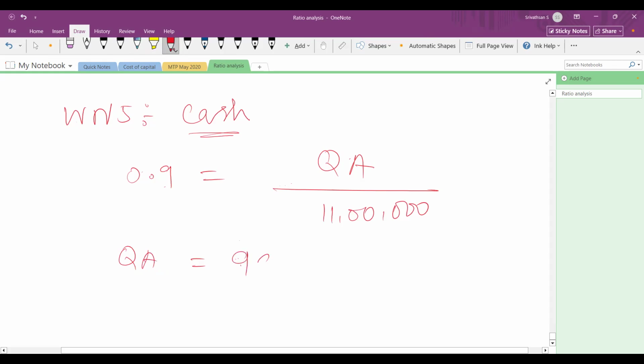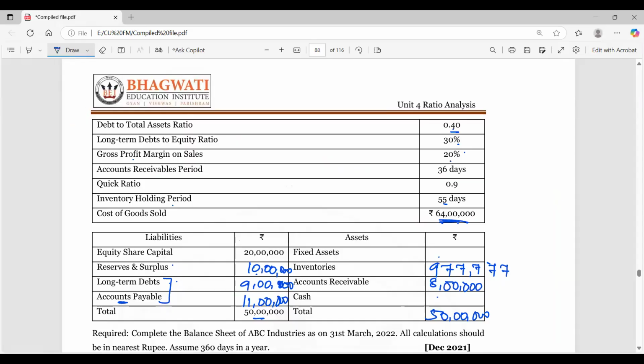Quick asset is 9 lakh 90,000, which includes only receivables and cash. So, receivable is 8 lakh. So, the remaining 1 lakh 90,000 is cash. Clear? Did you all understand this?